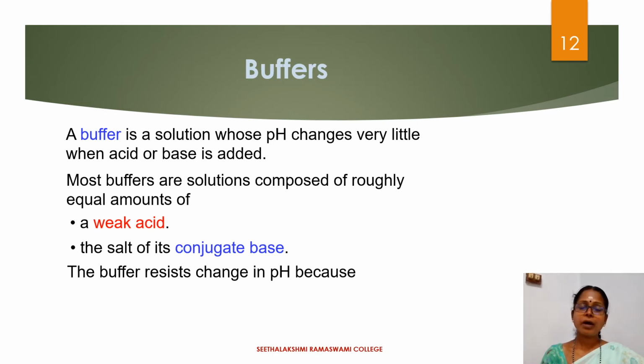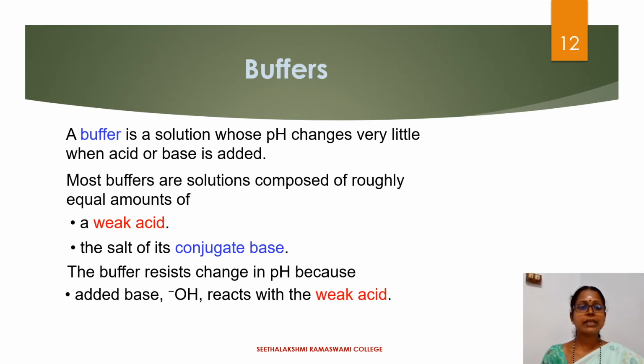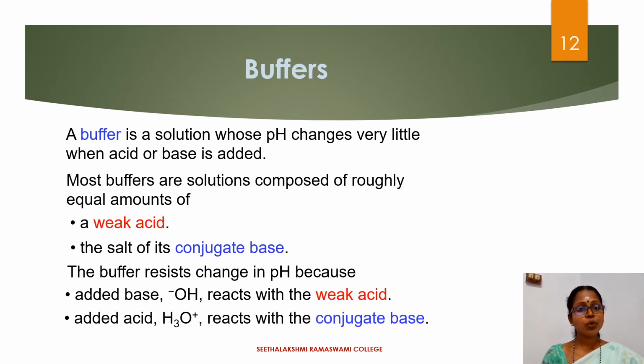An example of a buffer of this kind is the acetic acid and sodium acetate buffer. The buffer resists change in pH because the added base is going to react with the acid, and if you add acid, that is going to react with the conjugate base.